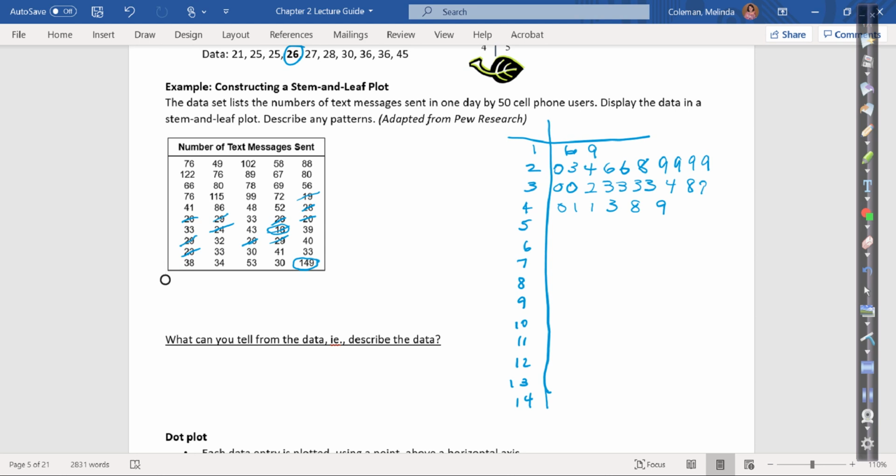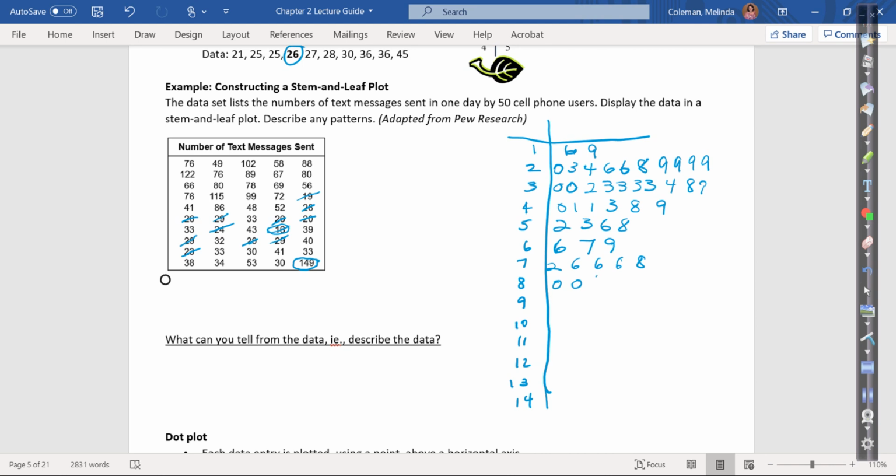Our next numbers would be 52, then 53, 56, and 58. And we have 66, 67, 69. For the 70s group, we have 72, 76, 76, 76, and 78. For the 80s group, we have 80 twice.